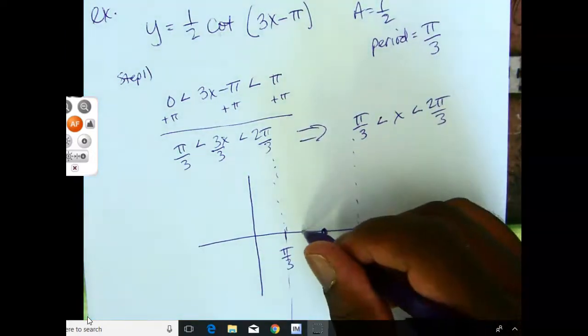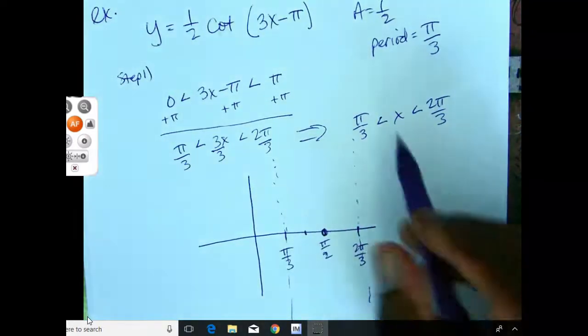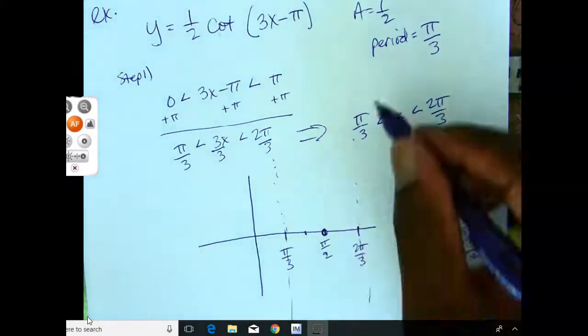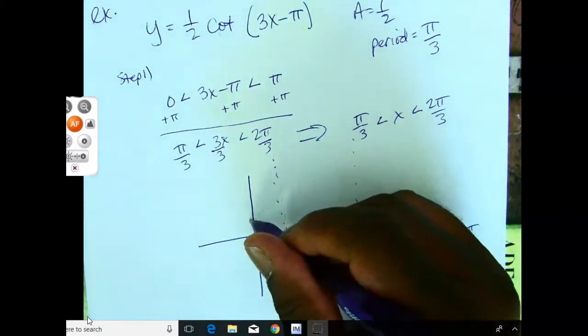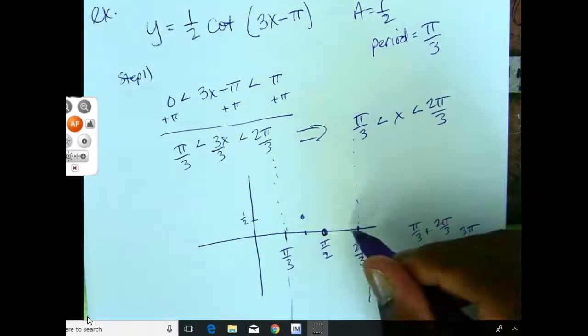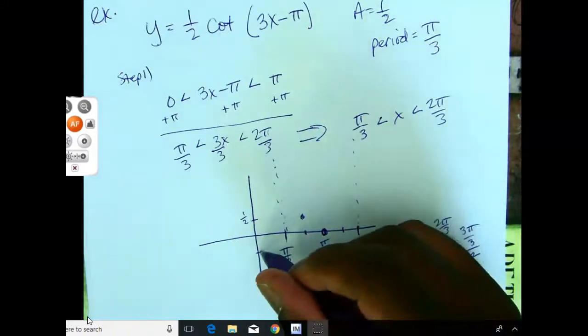Now, halfway between pi over 3 and pi over 2, our y value is going to be a. So a is 1/2. And our 3/4 point, which is here, we're going to be at negative 1/2.